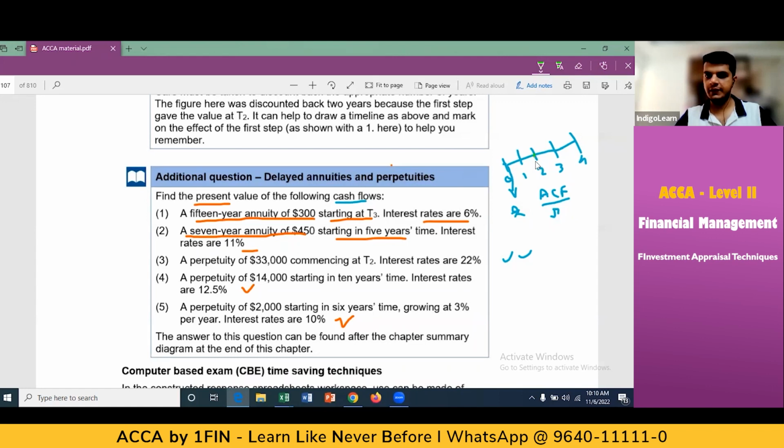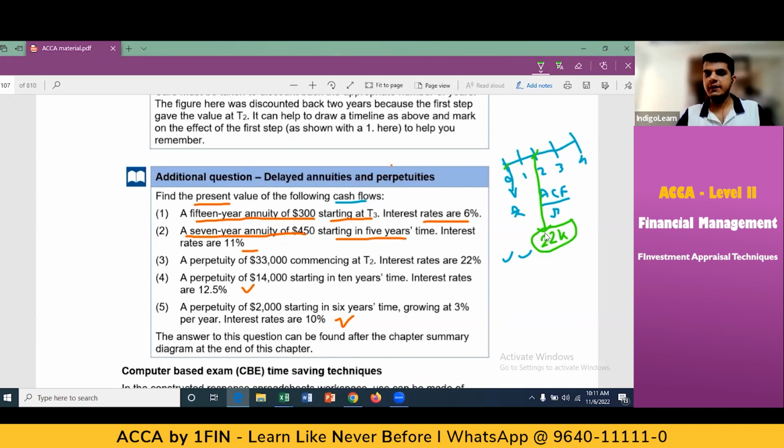So from T2 it will start, and you will be receiving $33,000 every year as a perpetuity, meaning it will be for all the years and it will not end. But the difference is that right now we are not standing at the beginning. Instead, we are standing at T2. So from T2 every year you will receive.